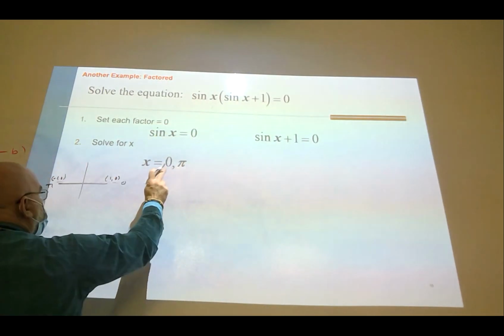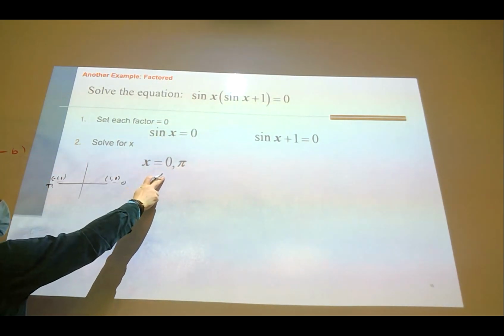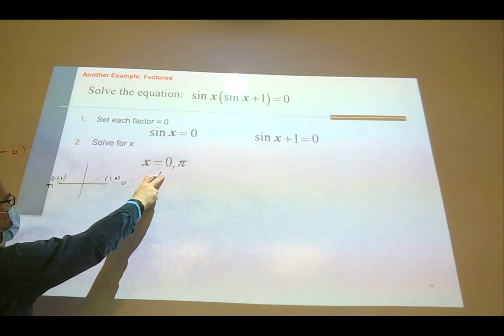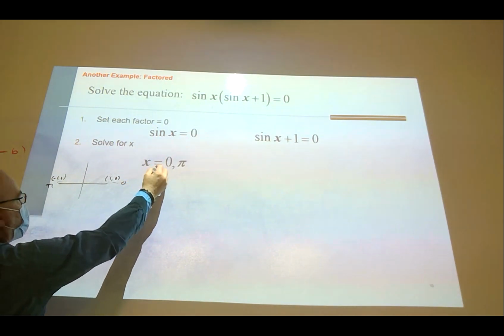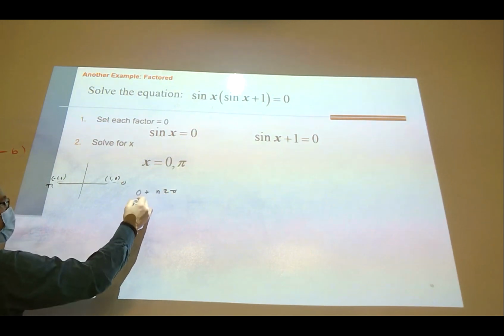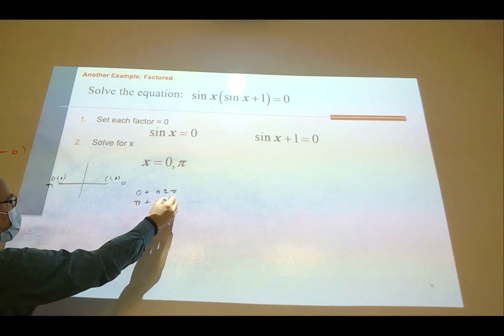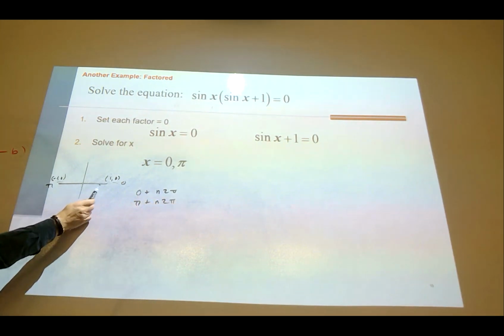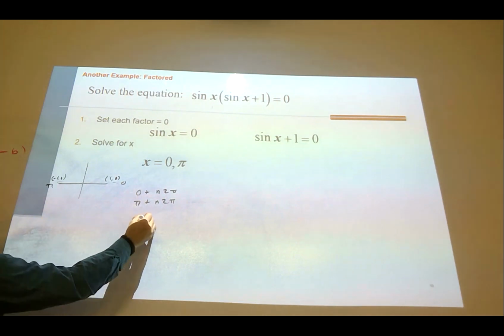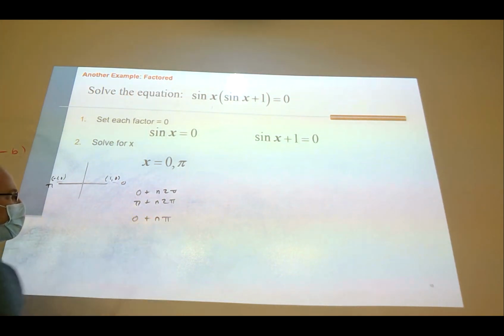I'd have 0 plus n 2 pi and pi plus n 2 pi. But since pi is right across the circle, that's really the same thing as 0 plus n times pi.